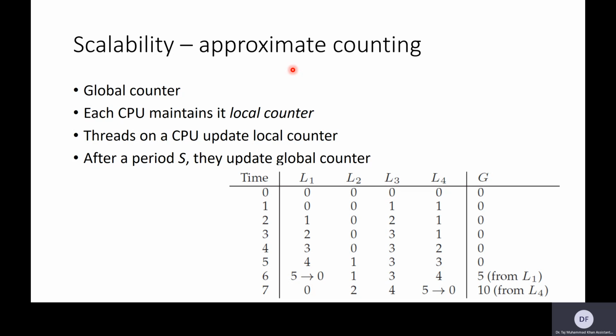So in this particular case, instead of doing the exact counting that we were doing in the last example, we apply this technique of approximate counting. The implementation looks like this: you have a global counter, which will calculate the total number of all the people passed, but each CPU or each thread has its own local counter.